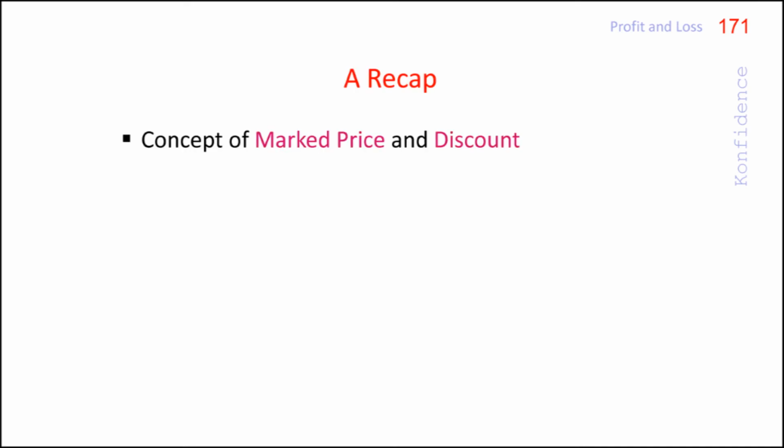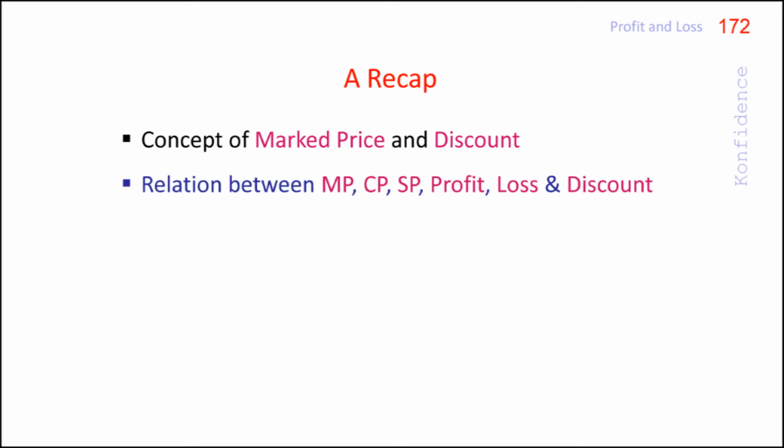Let us recap what we have done in this chapter. During the course of this discussion, we enhanced our understanding of profit and loss with the concepts of marked price and discounts and learned how profit, loss, cost price, selling price, marked price, and discounts are related.